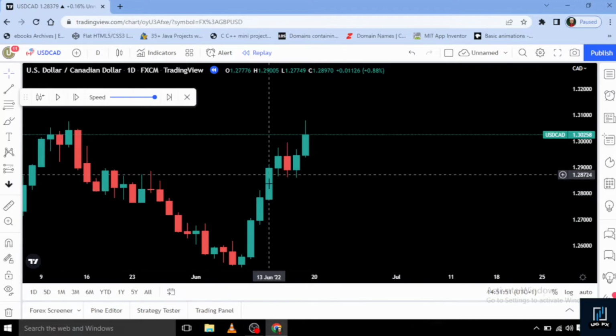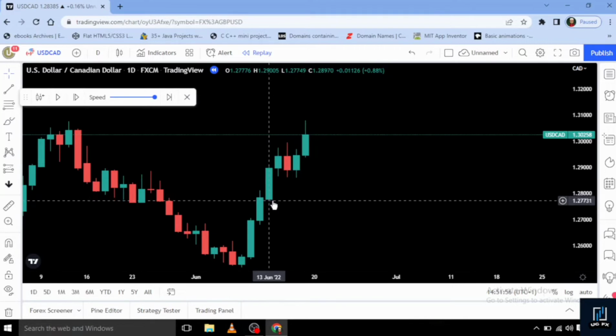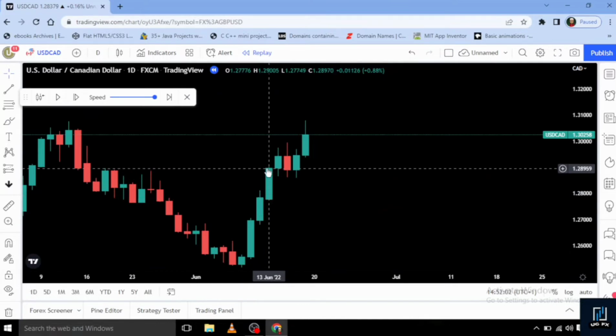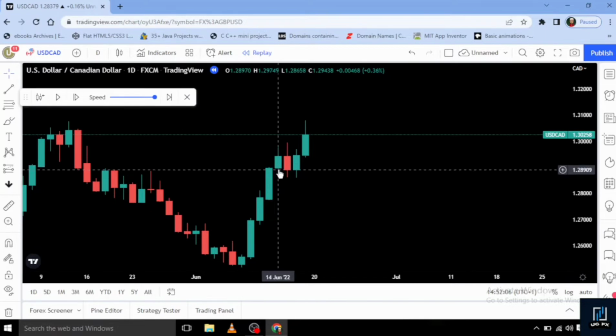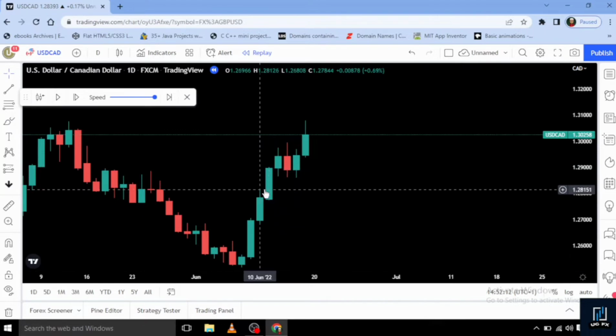As you can see, the open of this middle candle, price opened almost immediately after the close of this candle. Then after that, price closed here. Then after closing here, this next candle opened almost immediately after the closure of this middle candle. So here we have our imbalance.